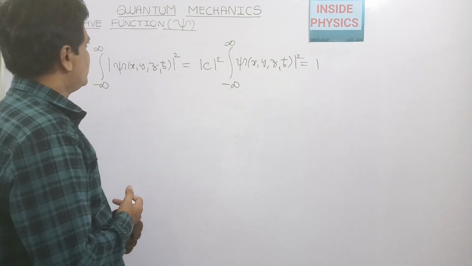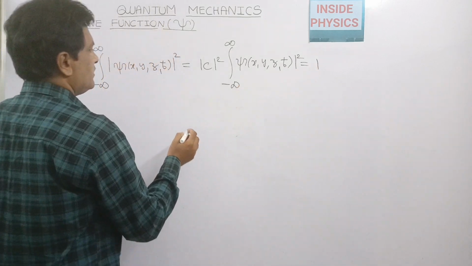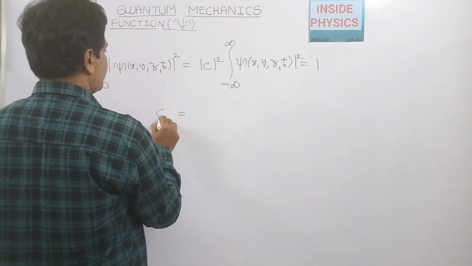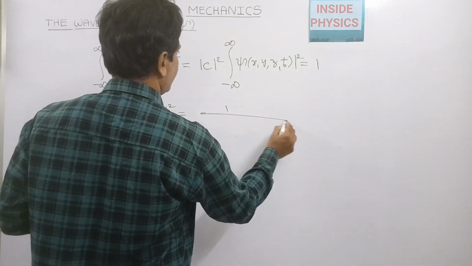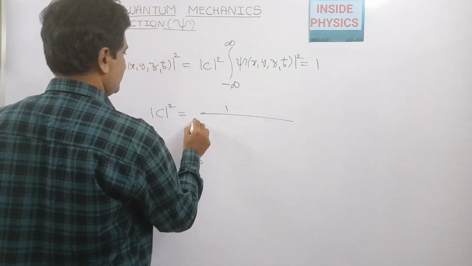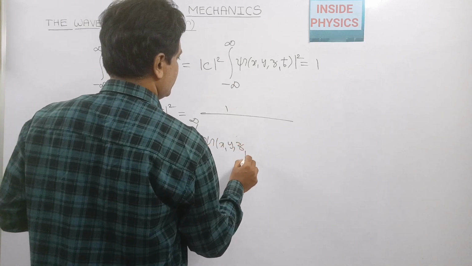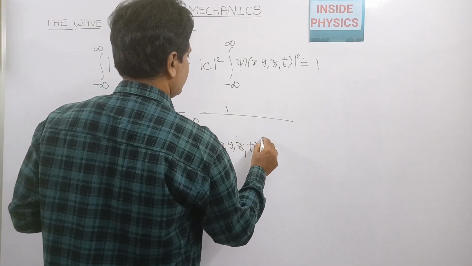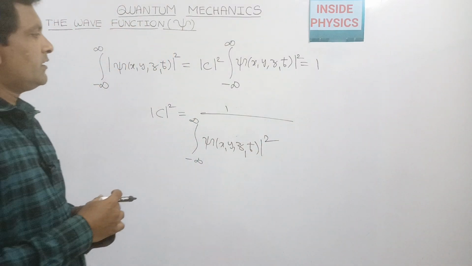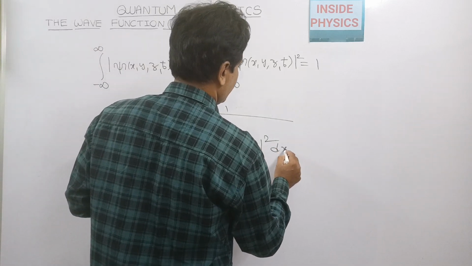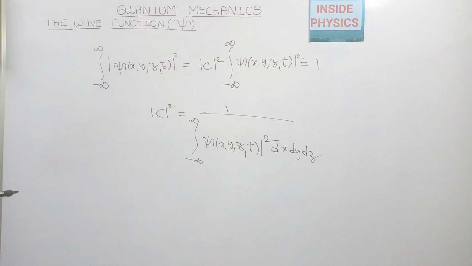As we have discussed, this normalization condition is equal to 1. So here we can write the normalization constant as 1 by the integral from minus infinity to infinity of psi of x, y, z, comma t, taking the space element dx, dy, dz.